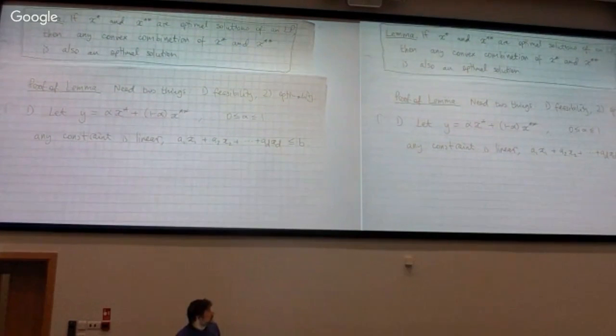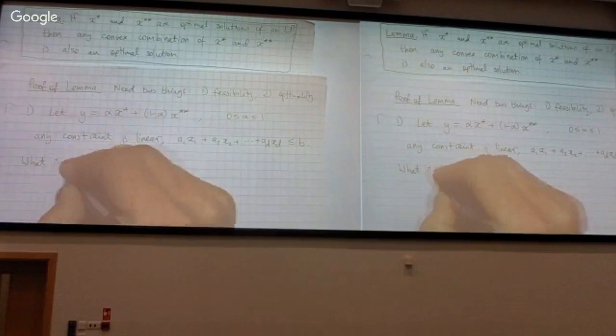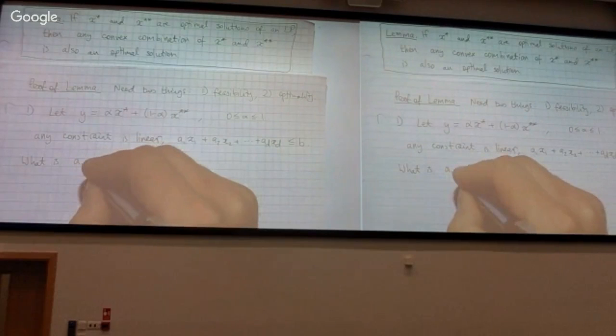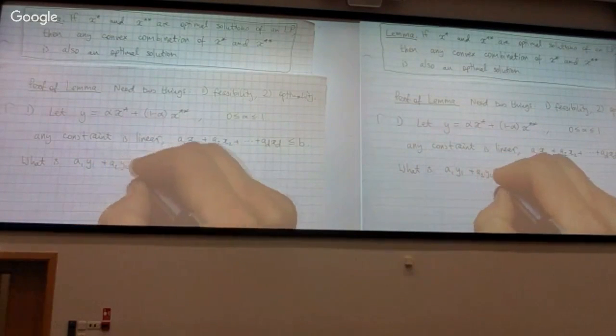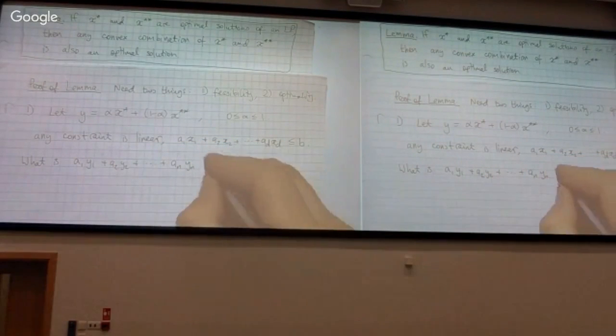Okay, now we know that both x star and x double star satisfy this. So what we want is a1 y1 plus a2 y2 plus ad yd to satisfy it.